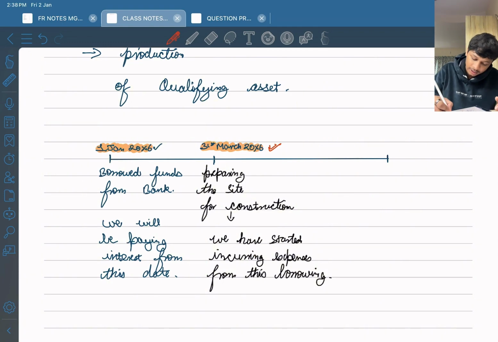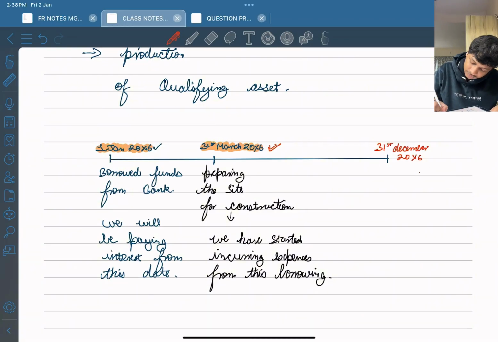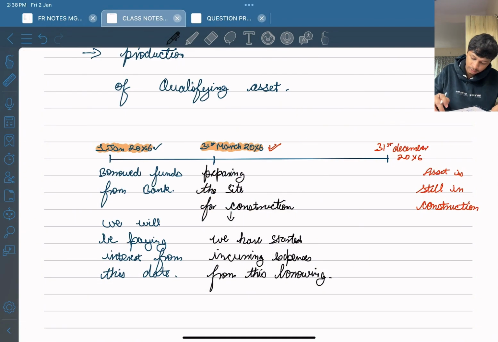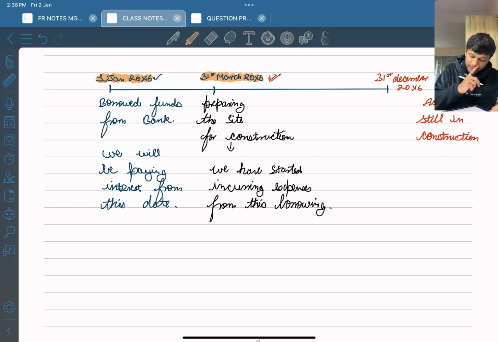Now the year end is 31st December 20x6, and the asset has not been constructed yet. The asset is still in construction. Now, what will be the period where we will be capitalizing the borrowing cost?